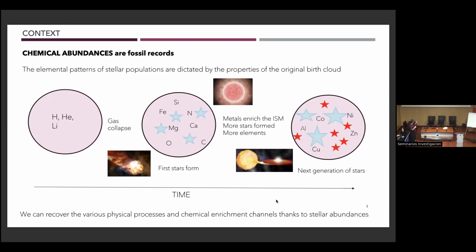So the next generation of stars that formed through the ISM has been enriched by the elements formed in the previous generation of stars. And so basically, we can study the chemistry of the stars that we can observe now, and thanks to spectroscopy, derive the properties of the previous generations.